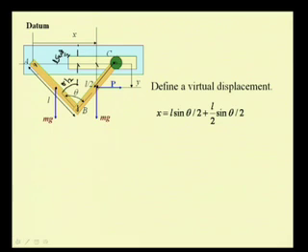So, now we can define this virtual displacement delta x that this point undergoes in the x direction as delta x, which is the differentiation of this, is equal to 3L by 2 times half cos theta by 2 delta theta.